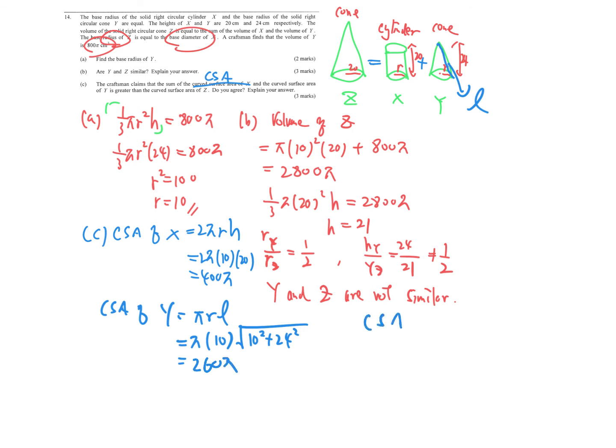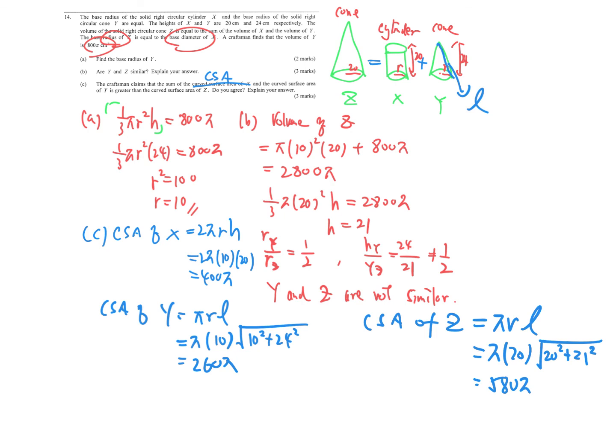And then for CSA of Z, pi r L again, and of course this time the base radius is 20, and the height is 21. So it becomes 580 pi.